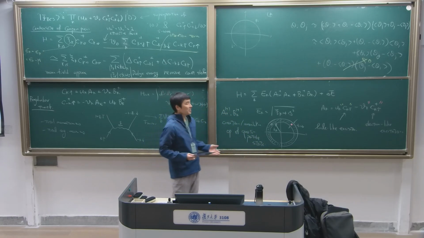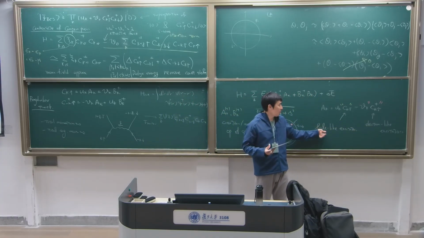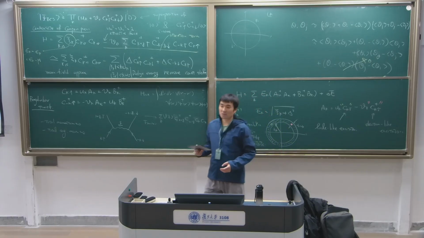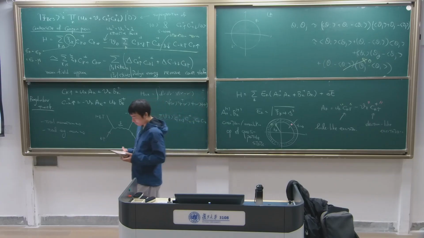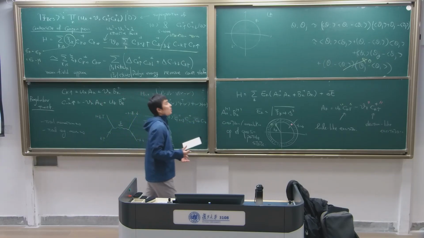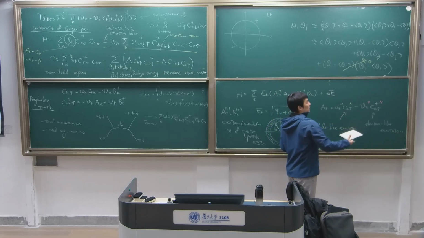So the quasi-particle state is the combination of electron-like excitation and then hole-like excitation. It's somewhat mysterious, from the viewpoint of the previous phase.